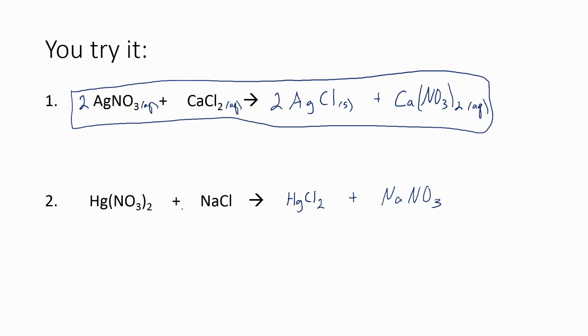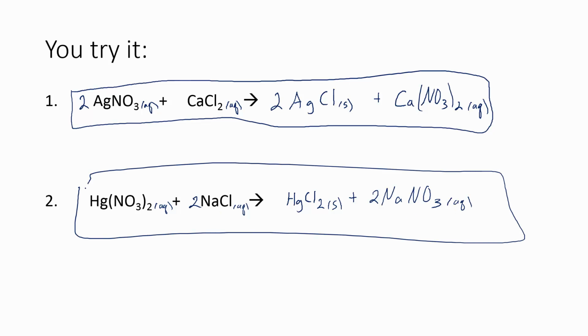Good. So now we balance it. Sodium and sodium, mercury, mercury, 2 chlorides. So 2 chlorides gives us 2 sodiums, 2 nitrates. Done. Nitrates are soluble. Group 1 metal salts are soluble. Mercury is an exception to the chloride rule, and all nitrates are soluble. And that's it.